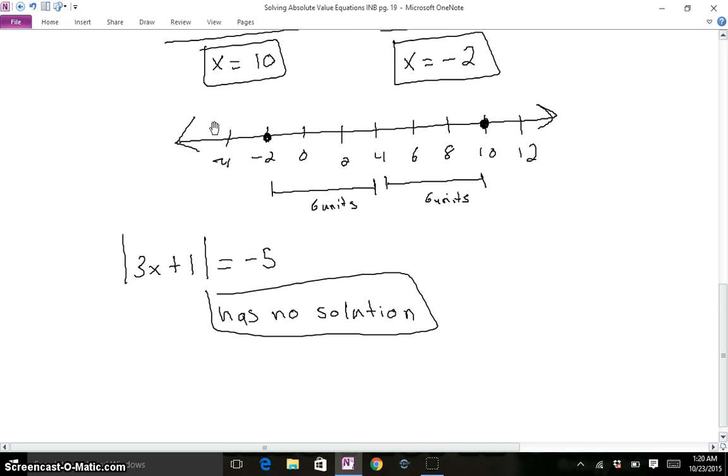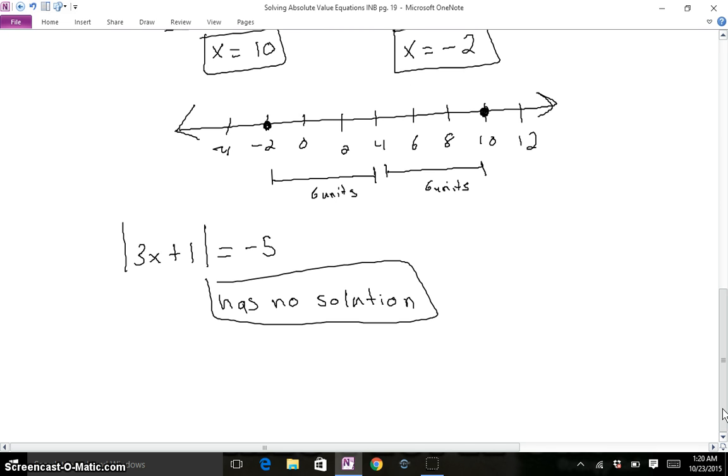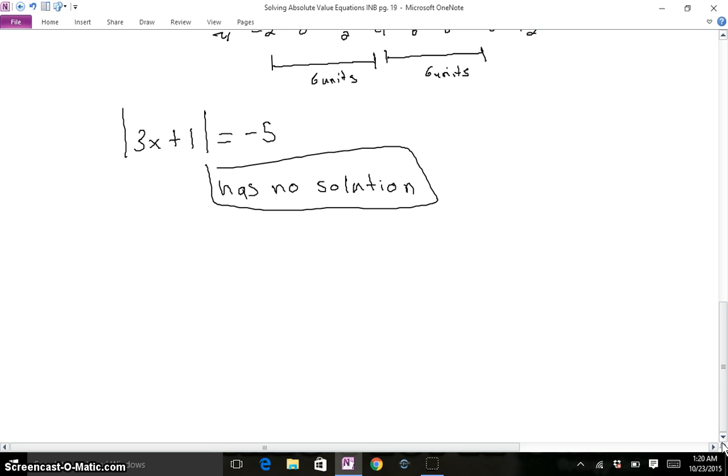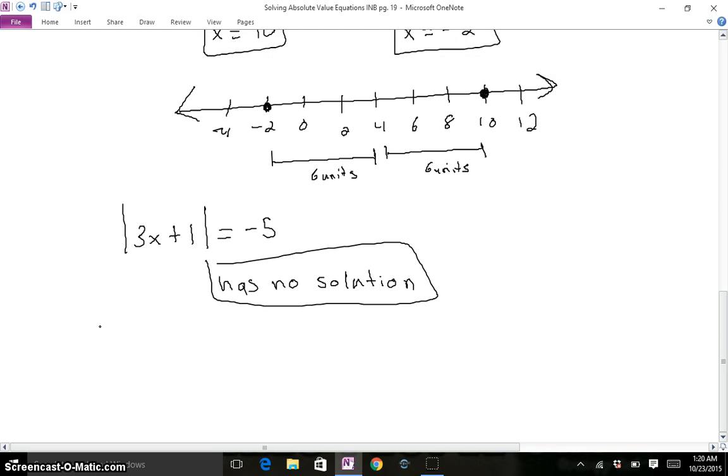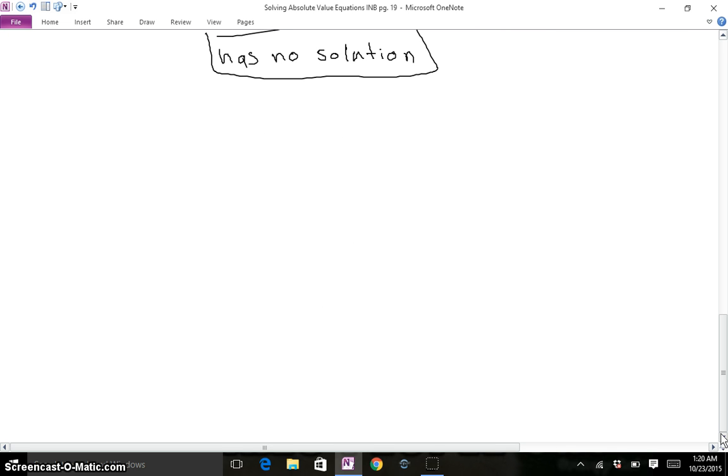Let's take another equation. Example 2. Take the absolute value of 3x plus 9 minus 10 equals negative 4. What we want to do first is isolate the absolute value.